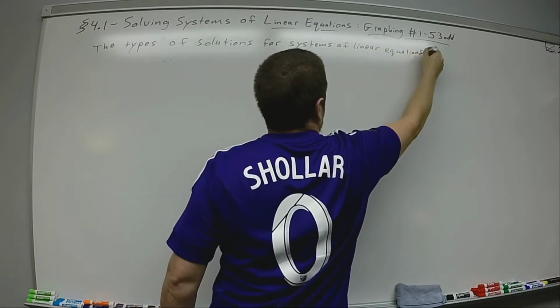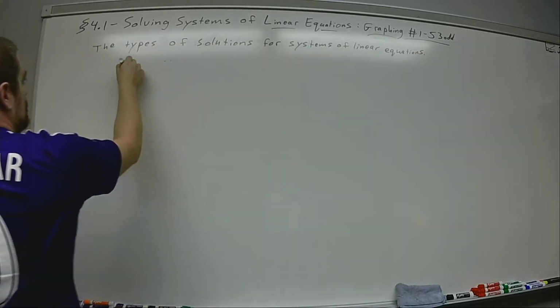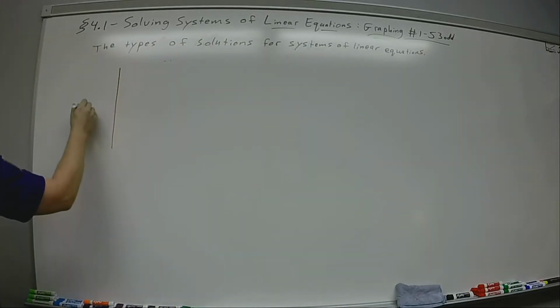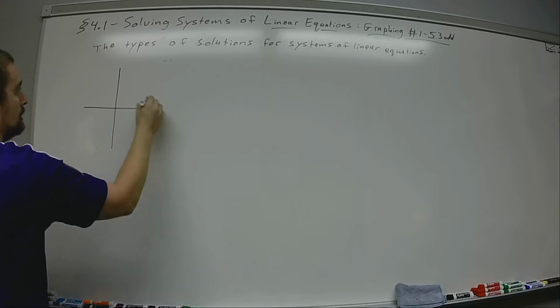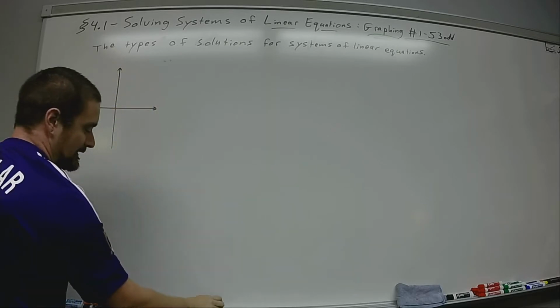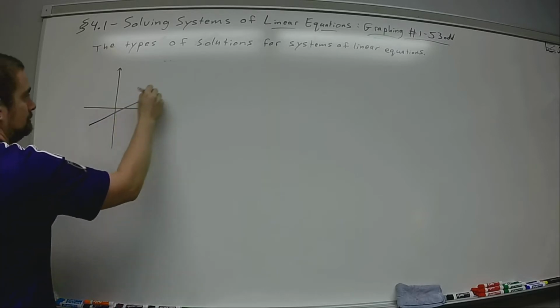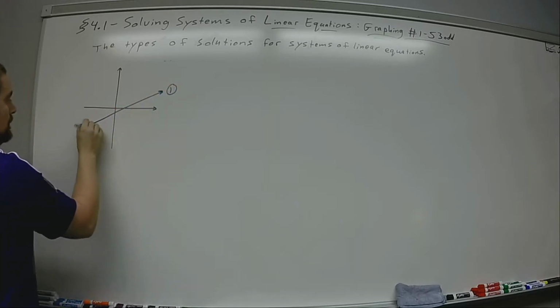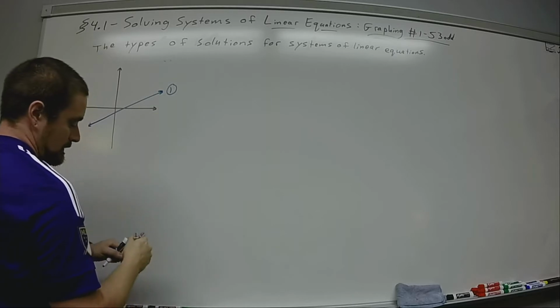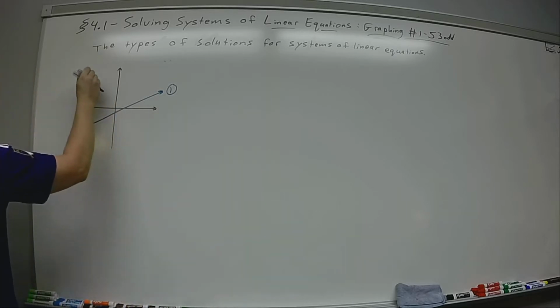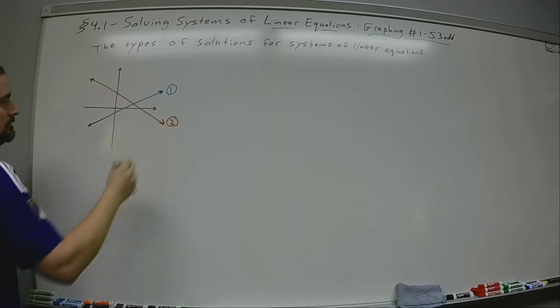So first situation we might see, when we look at a linear equation and graph it, call this equation 1. Compare it with a second linear equation when we graph it, call that equation 2.